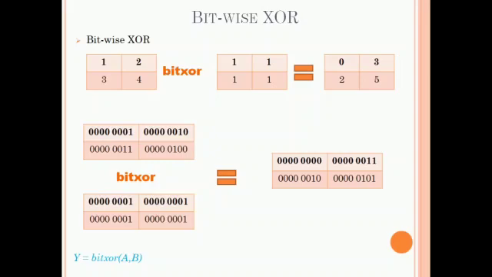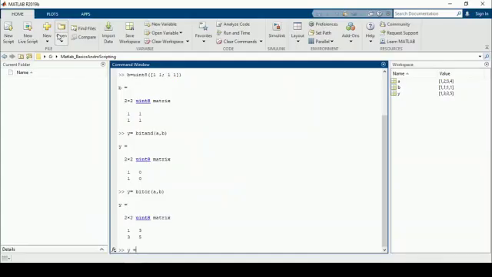Output bit is 0 if both input bits are either 1 or 0. Let's see the same in MATLAB. Here, you can see the result of bitwise XOR operation same as presentation.